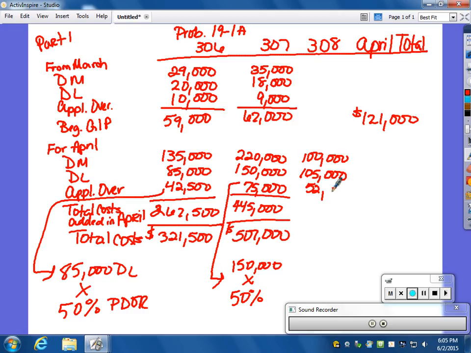Yes, same thing, 52,500, which is the 105,000 times 50%. What are these two added together? 257,500. It's the same thing again.